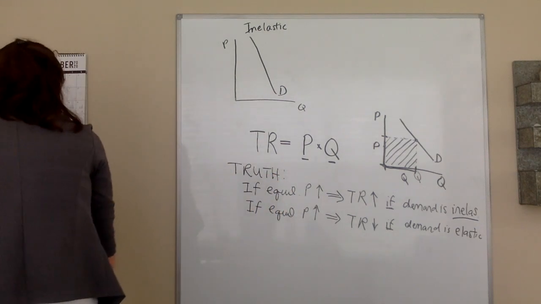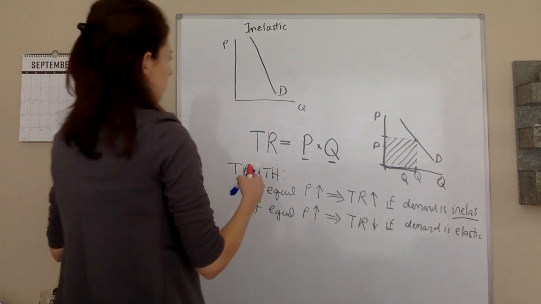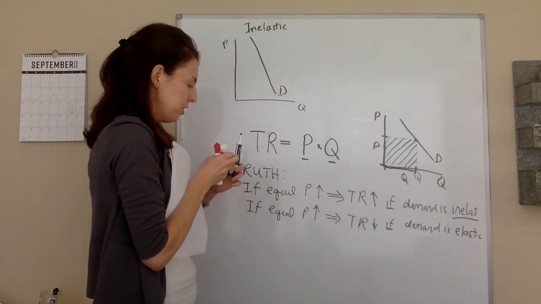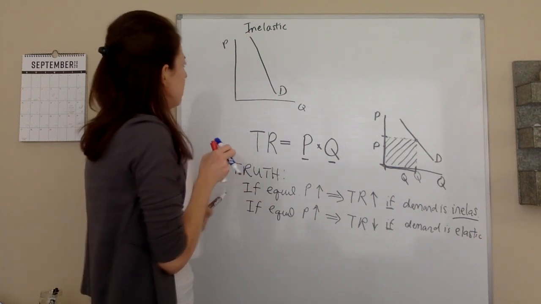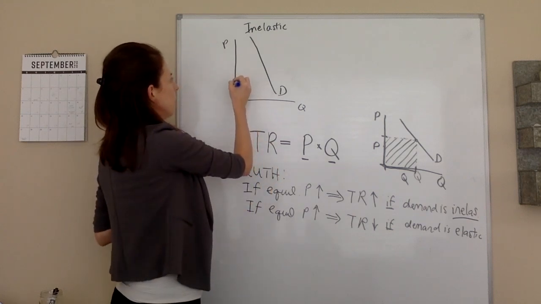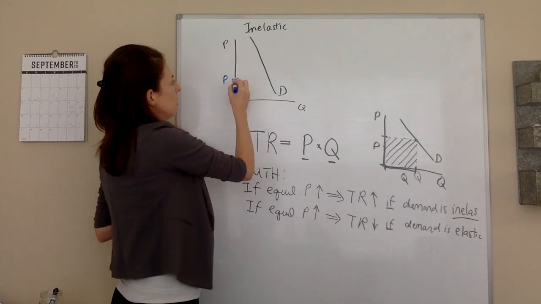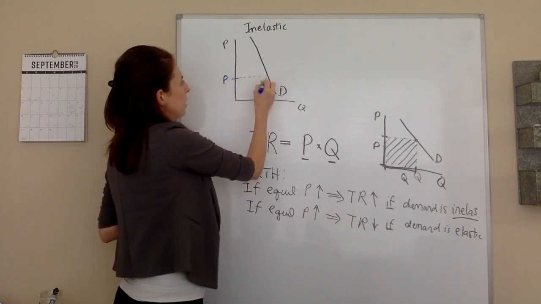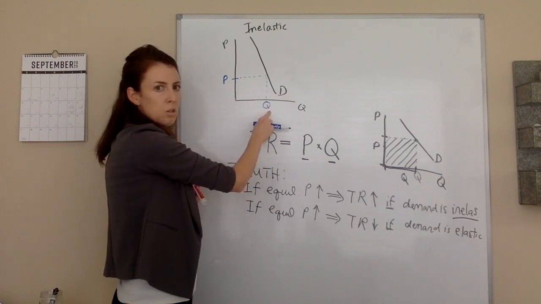Suppose, and if you also have color markers, this will help. If you don't, just draw everything very, very carefully. Suppose we have an equilibrium price in the market down here, so it's going to be the blue P. At this price, we can determine how many units are going to be sold.